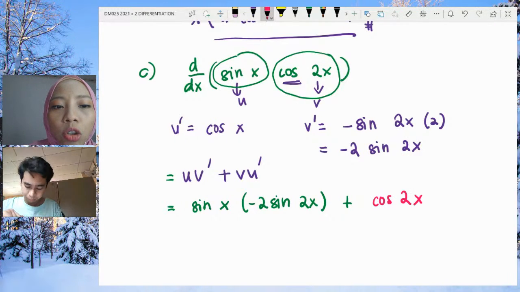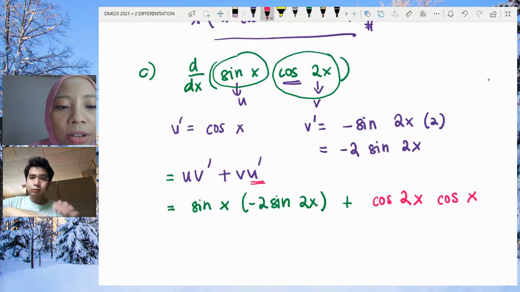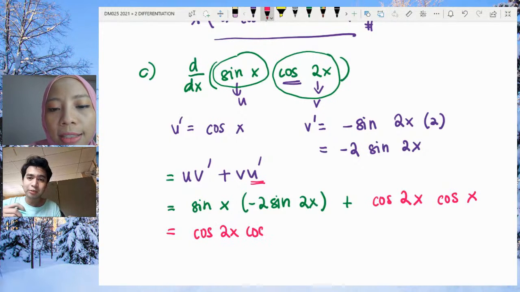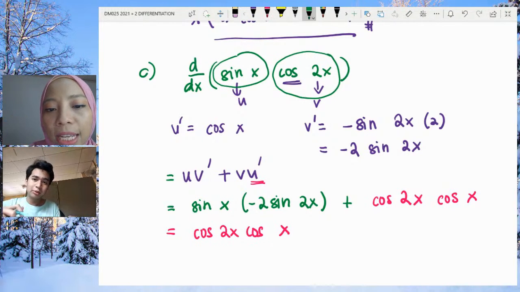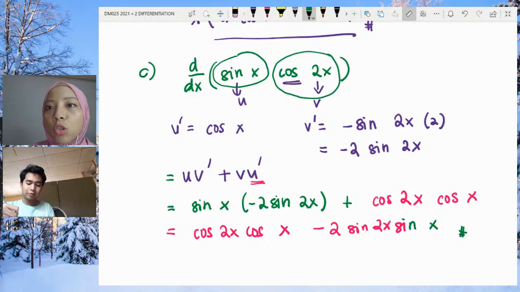And your u prime is cos x. So you rearrange that. Okay, the positive, bring to the front. cos 2x cos x minus. So negative 2 constant, ada negative 2 sahaja. And then sin 2x sin x. Okay. So that's it. That should be your final answer.